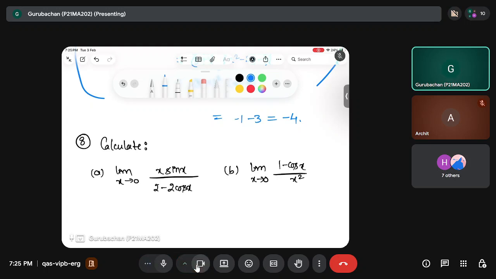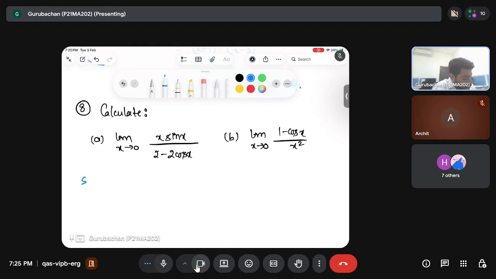So here let me mention one thing, that this question is based on squeeze theorem. So you must know what are the functions from which it is bounded above and below.